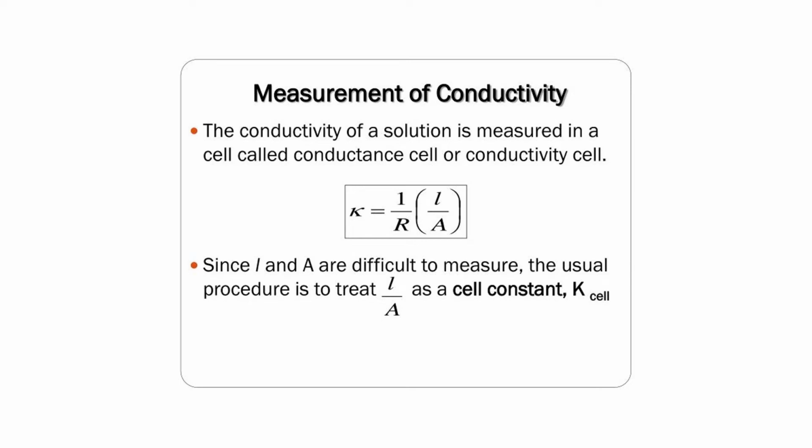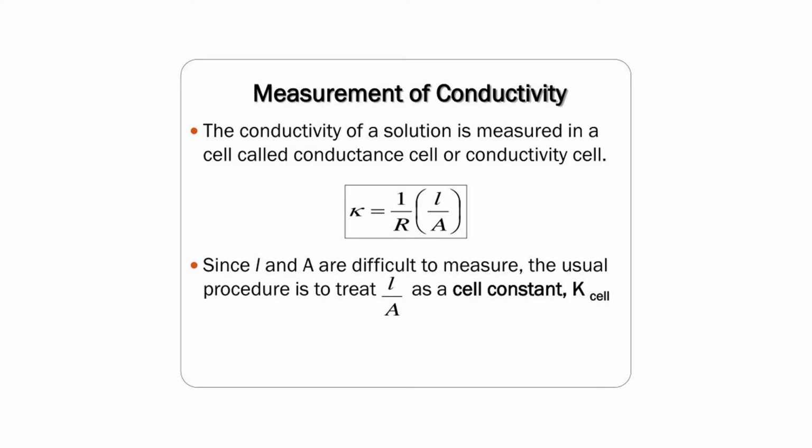The conductivity can be measured using the equation: conductance into L by A. L by A is a constant, and that constant is called the cell constant.